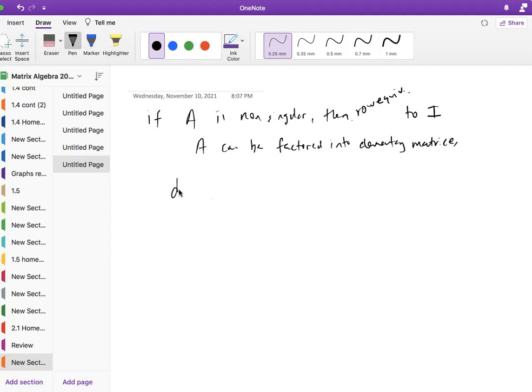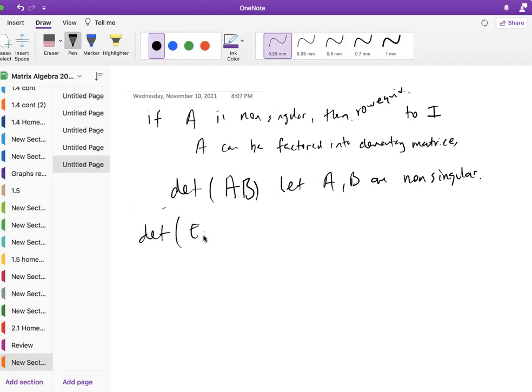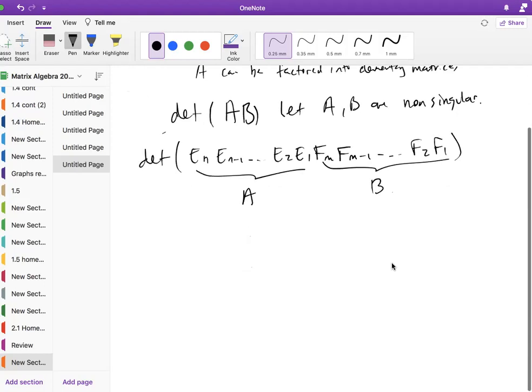So if we have the determinant of AB, and let's say A and B are non-singular, then this is just the determinant of some E's that make up A and some F's, elementary matrices that make up B. Does that make sense?